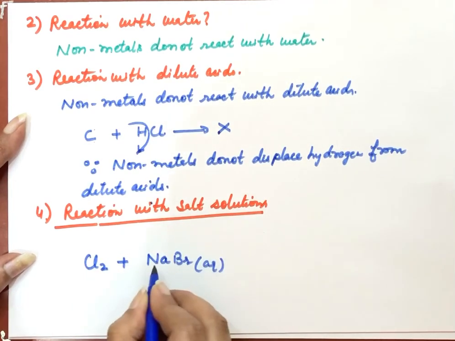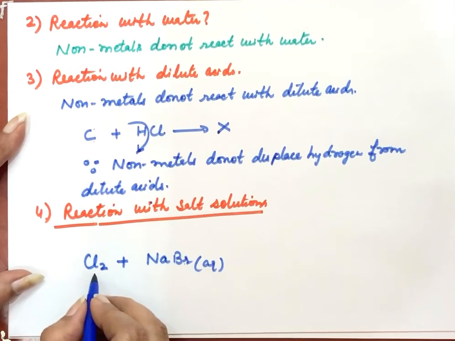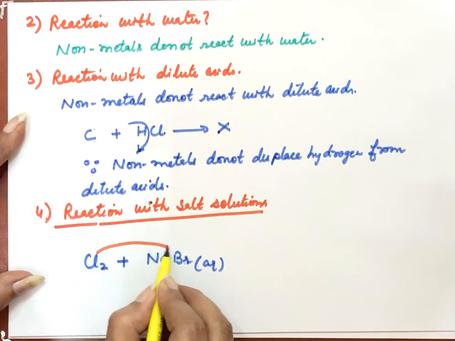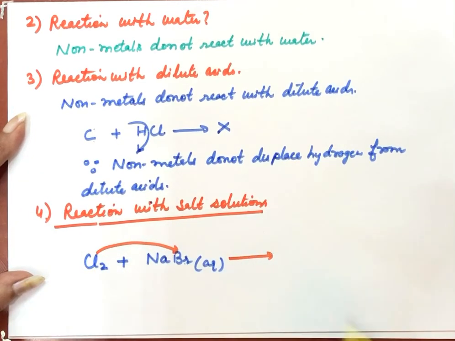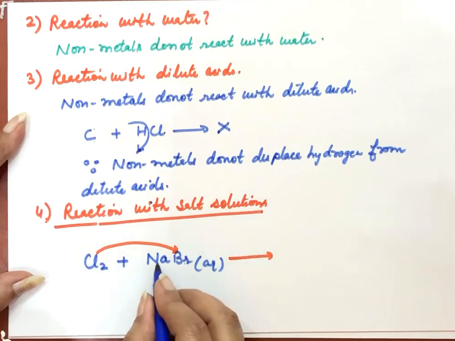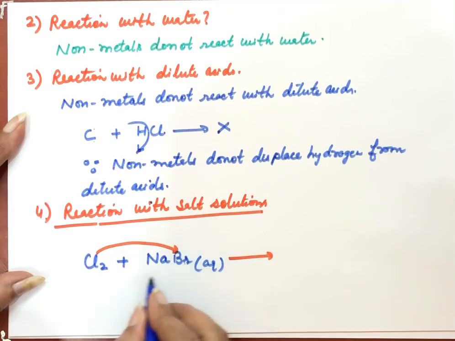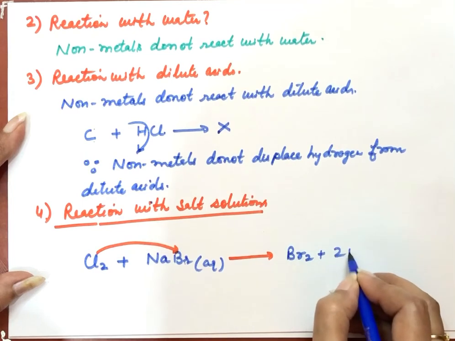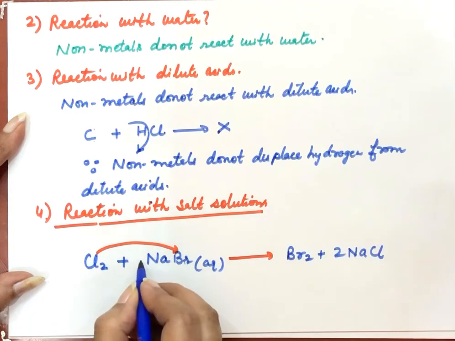We are taking a salt solution of sodium bromide. To this we are adding chlorine. Chlorine is more reactive than bromine. So it can displace this and take the place of this Br. As a result, this becomes NaCl and this comes out as Br2.